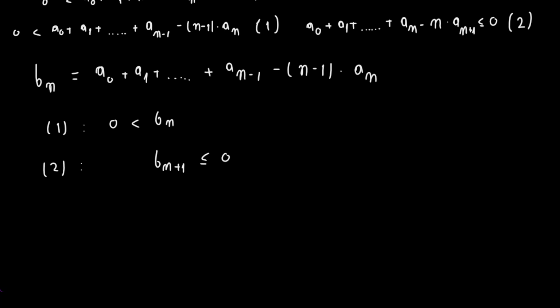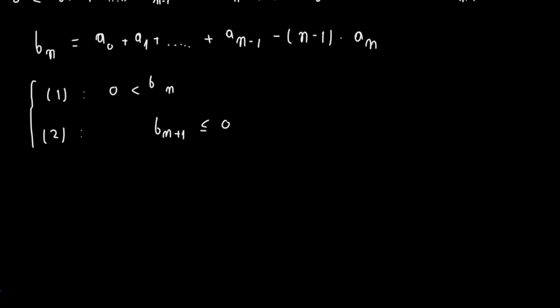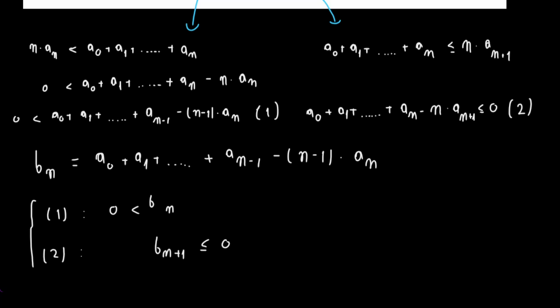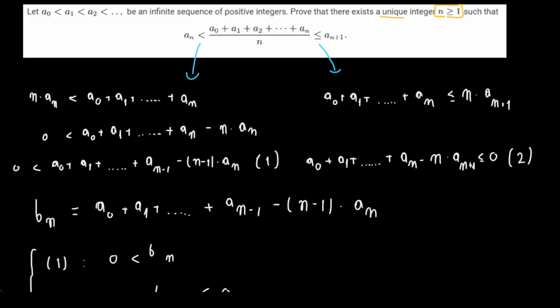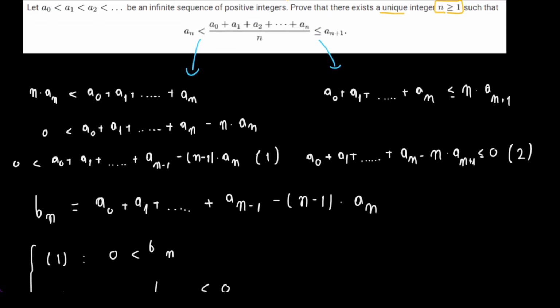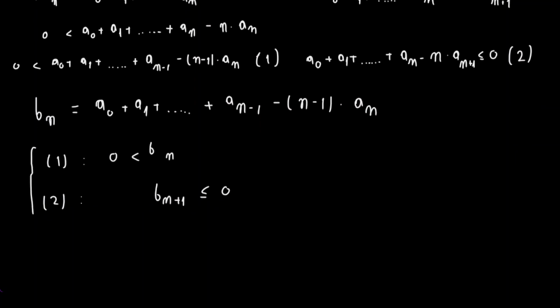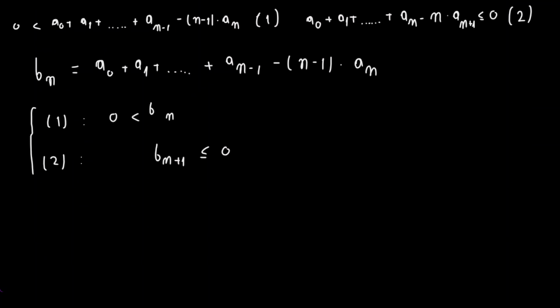So our purpose here is to show that there is a unique n for which these two relations happen. Also, don't forget that terms of a_n are positive integers, so B_n is an integer number.